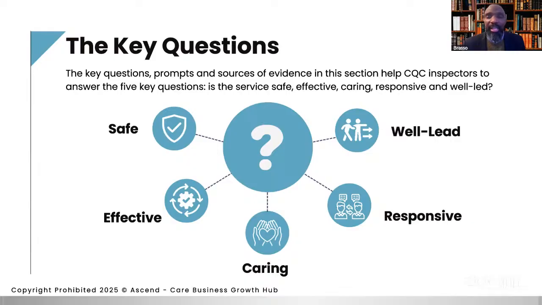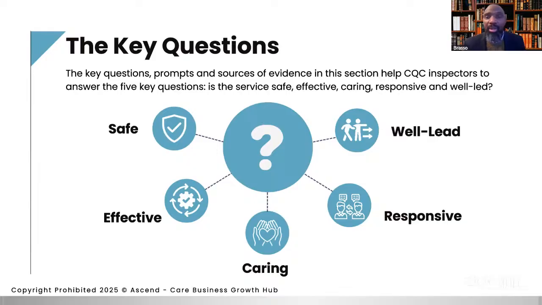Being safe is about risk assessment, area risk assessment, environmental risk assessment, safer recruitment practices, etc. Being effective is about governance, the things that we use to measure the effectiveness of our work.